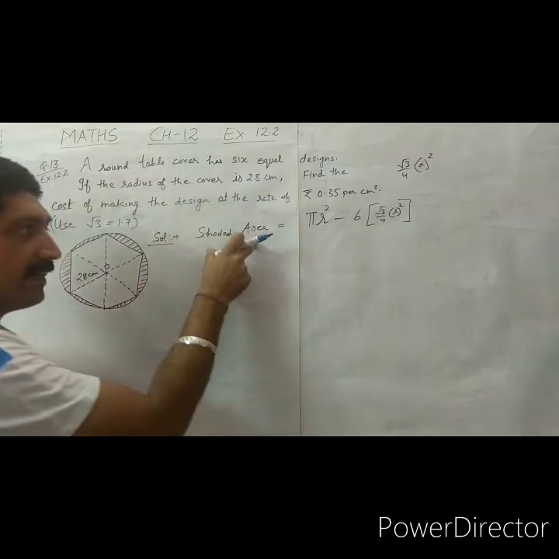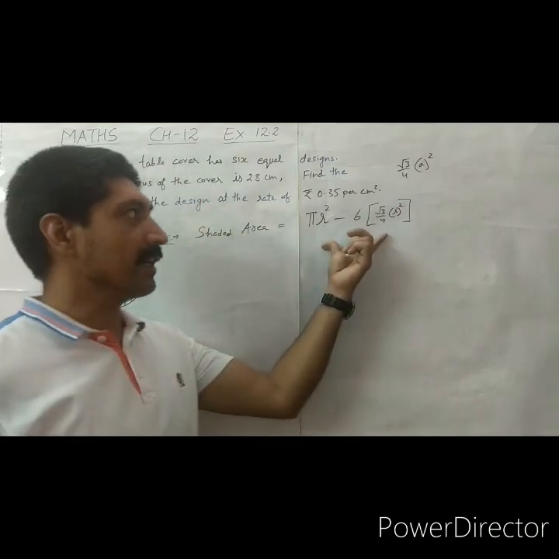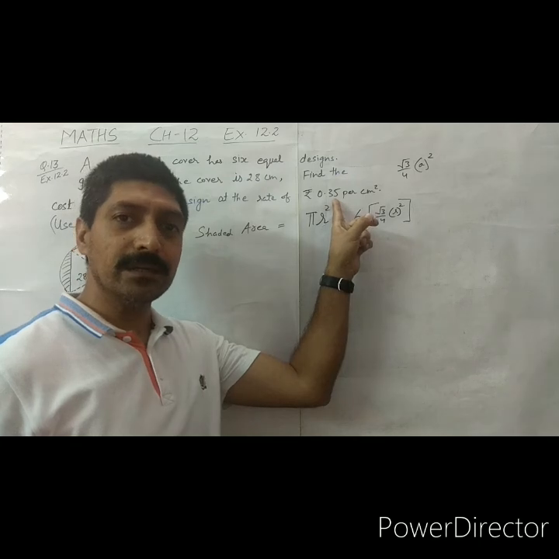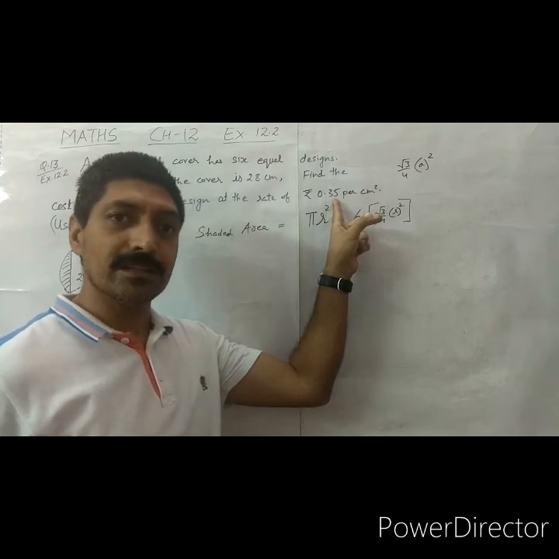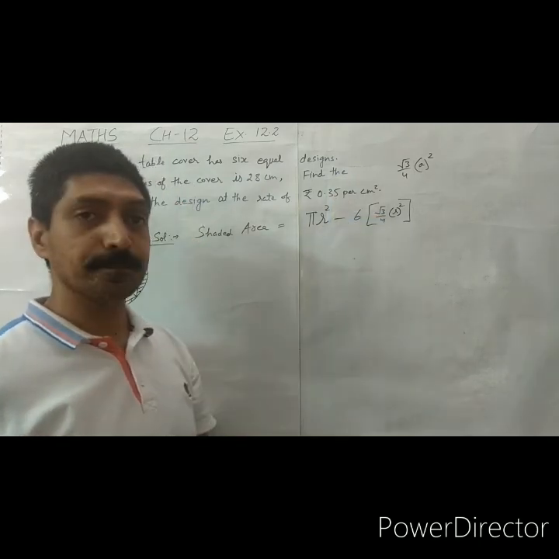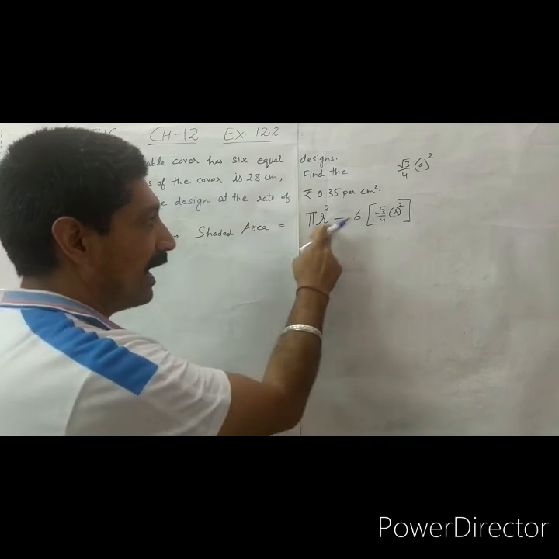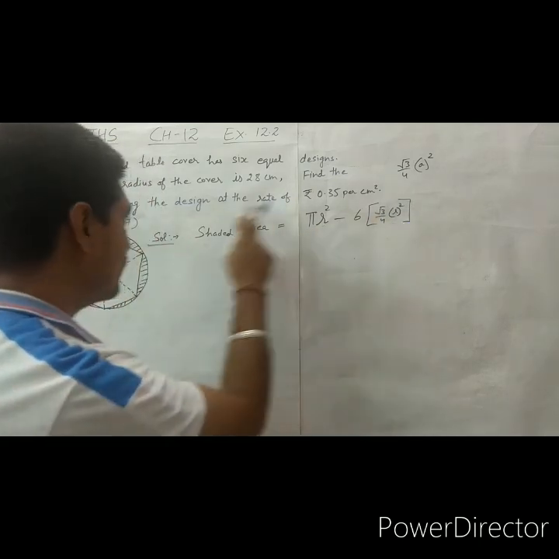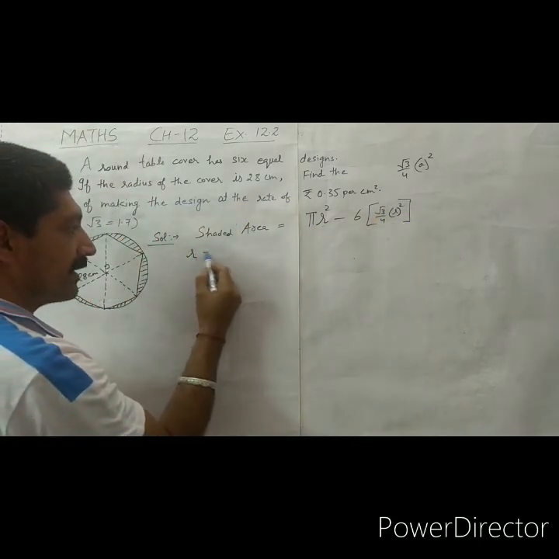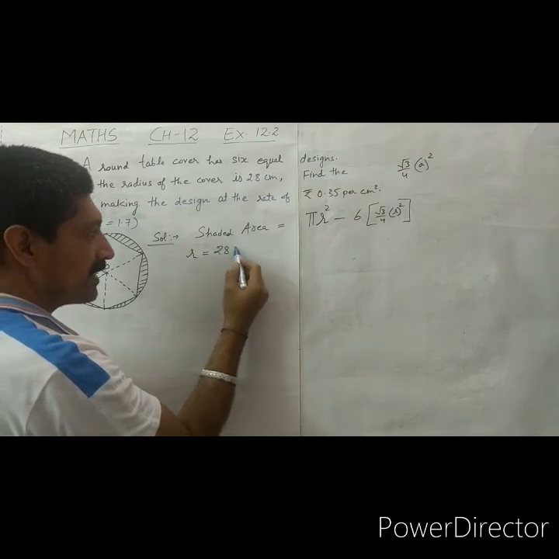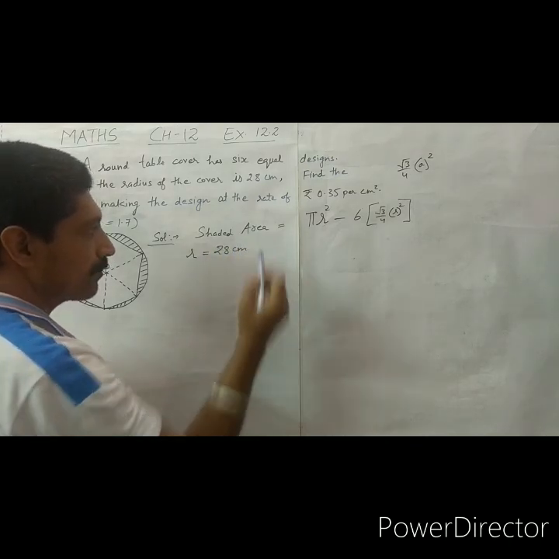After finding this area we will multiply with the rate, the cost that is given. So here r square is common. It is given here that r is 28 centimeter.